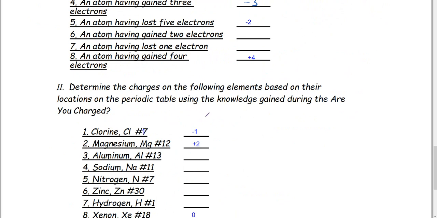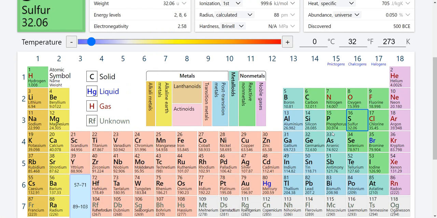This one is asking you to determine the charge of elements. So you would look at the periodic table, look at the group that the element is in to determine the charge. Okay, so for example, chlorine is in group 17, or group 7 in the main group.